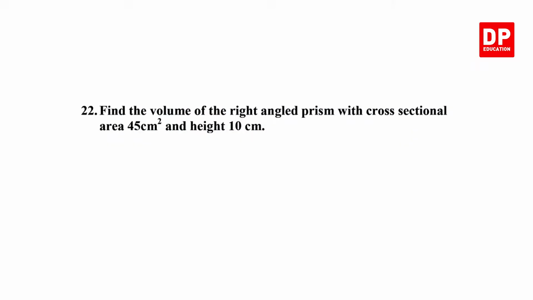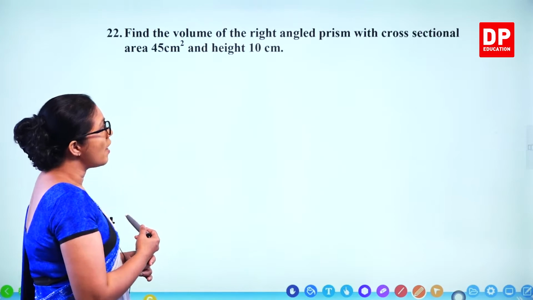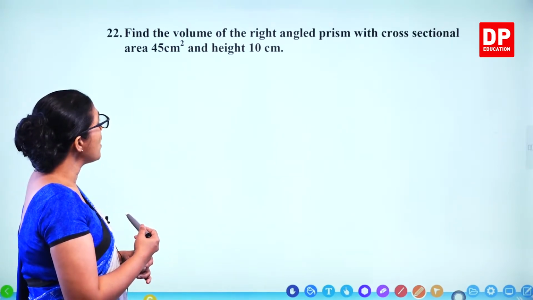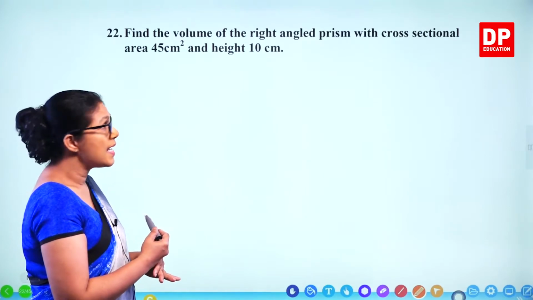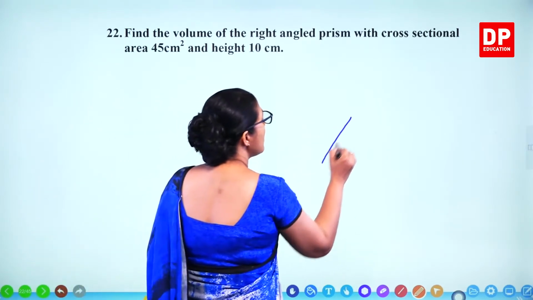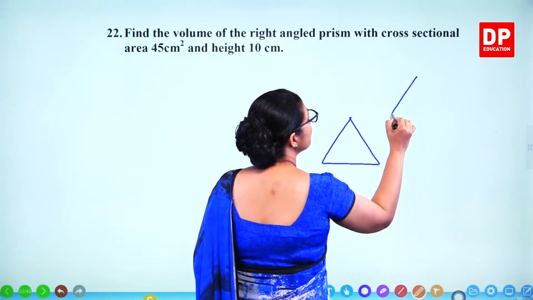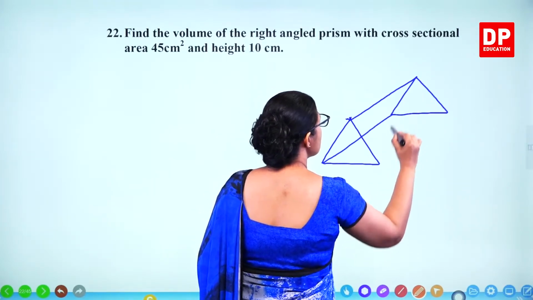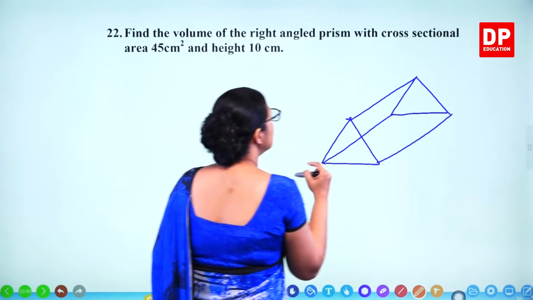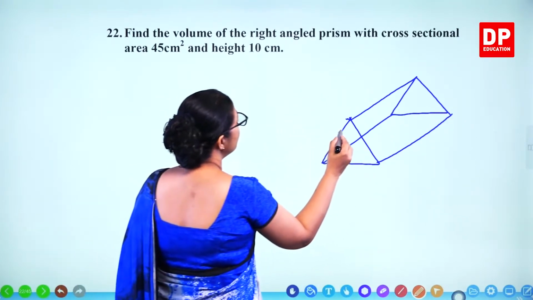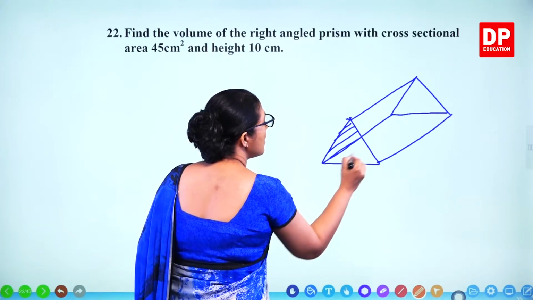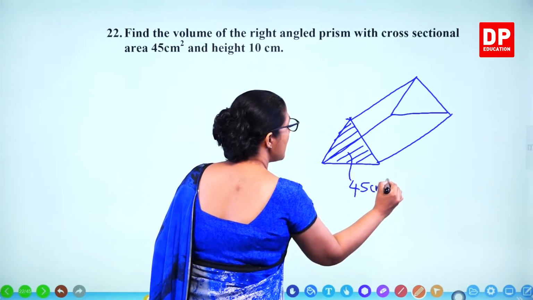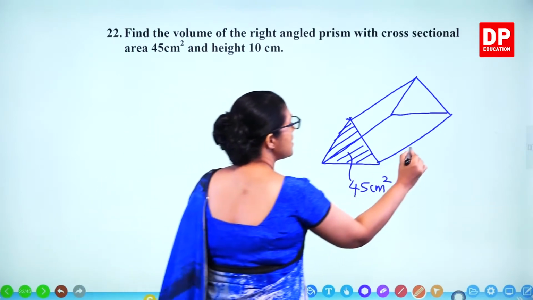Question number 22. Find the volume of the right prism with cross-sectional area 45 square centimeters and height 10 centimeters. So if this is a prism like this, the cross-sectional area is given, this one is 45 square centimeters, and the length is given, 10 centimeters.